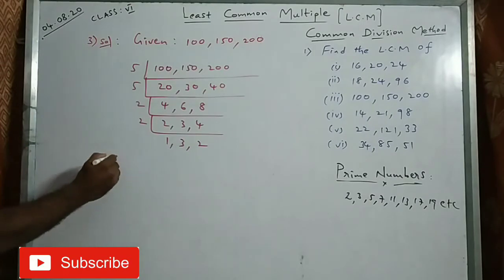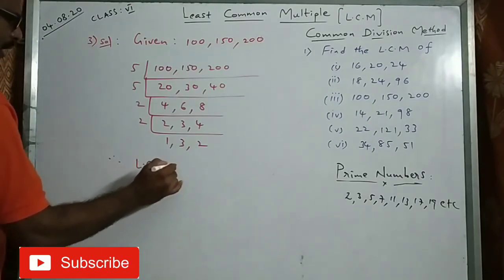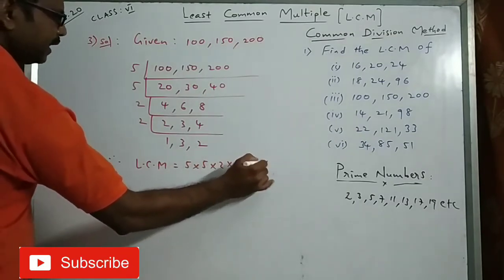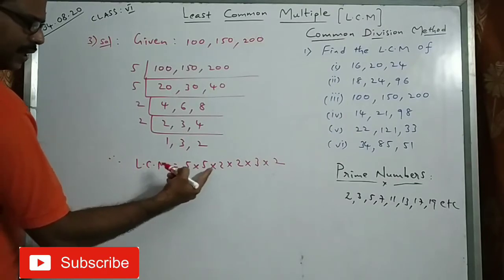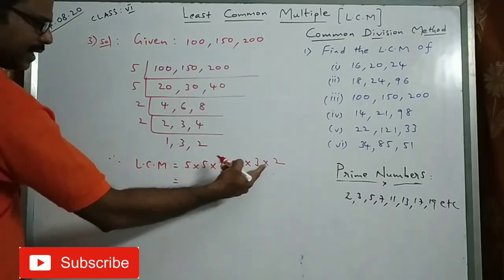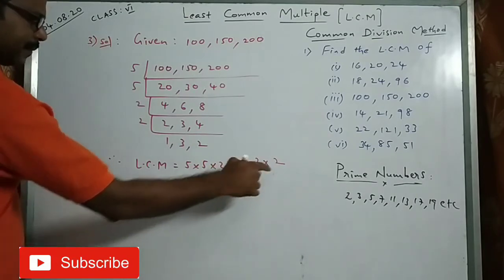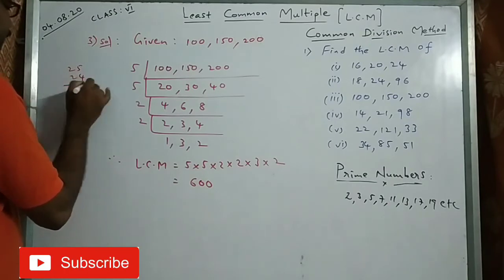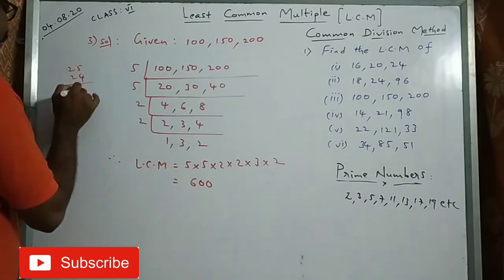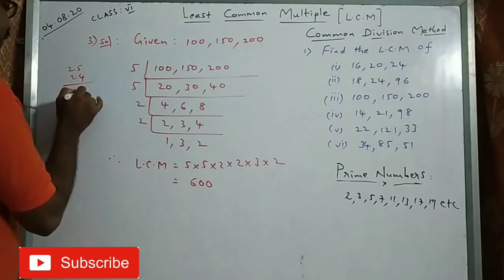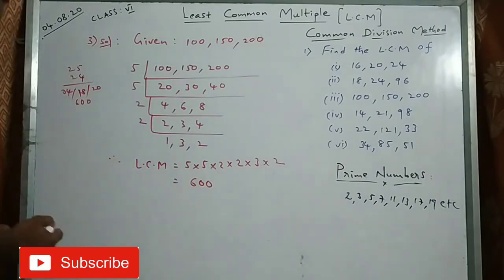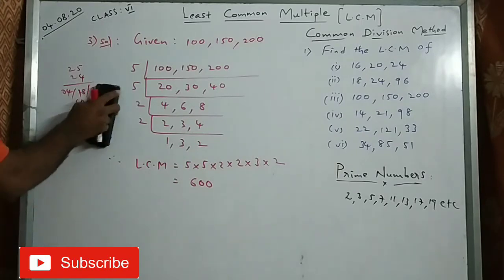These are all primes now. So therefore LCM is equal to, how do you find LCM? 5 into 5 into 2 into 2 into 3 into 2. 5 5s are 25, 2 5s are 50, 2 5s are 100, 100 6s are 600, right? So what is the LCM? The least common multiple of the given numbers is 600.